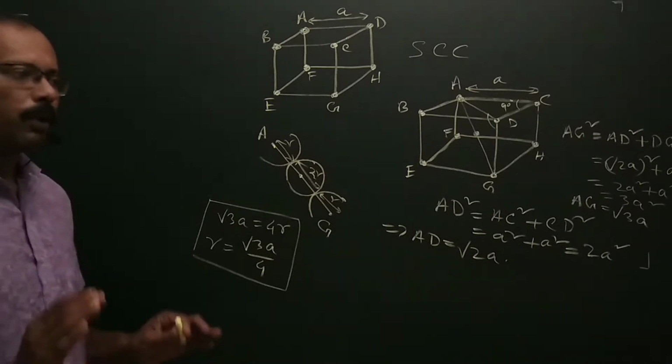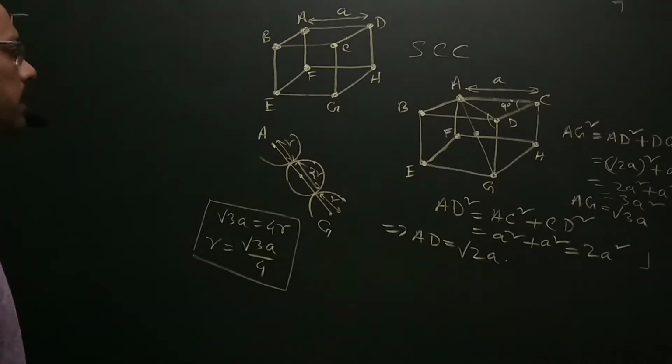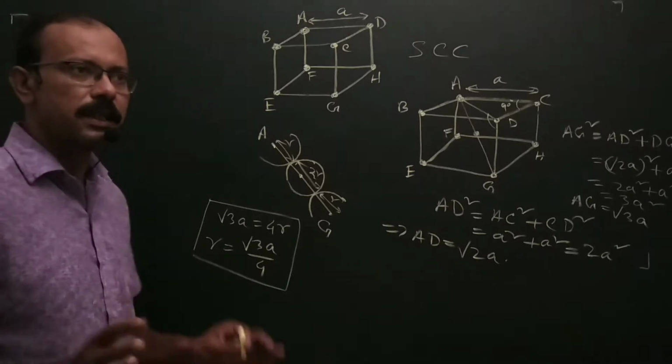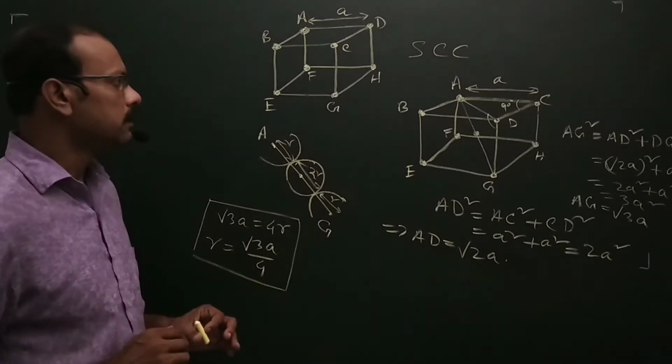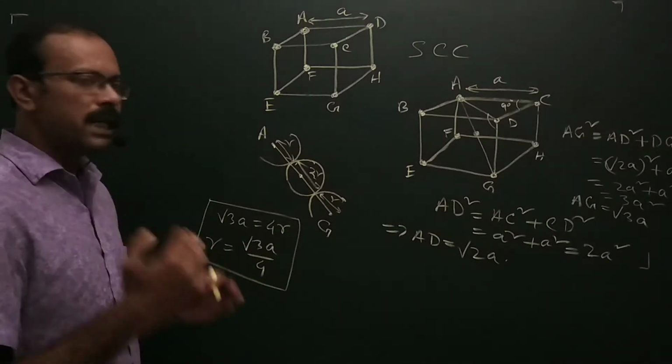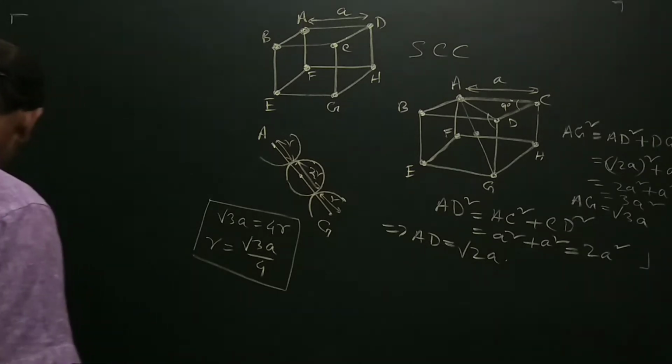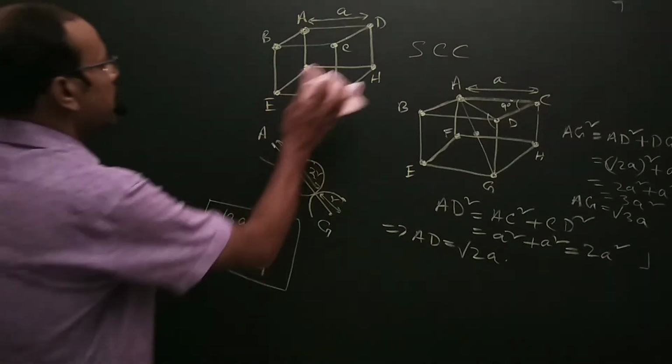Now I am going to find the relation between the edge length of the face centered cubic unit cell and the radius of the particle. So for this I am writing this out.